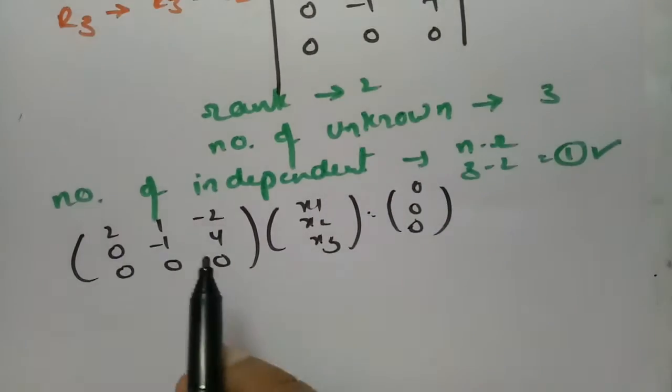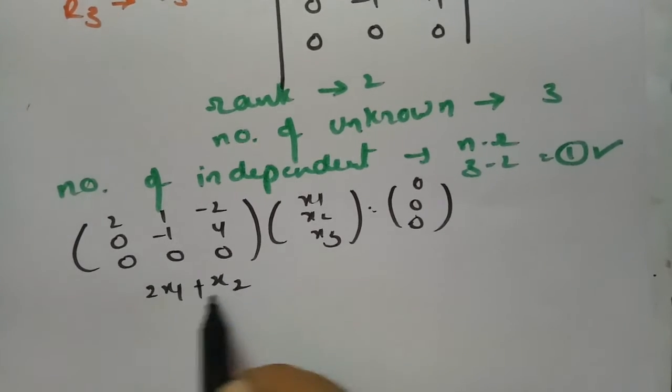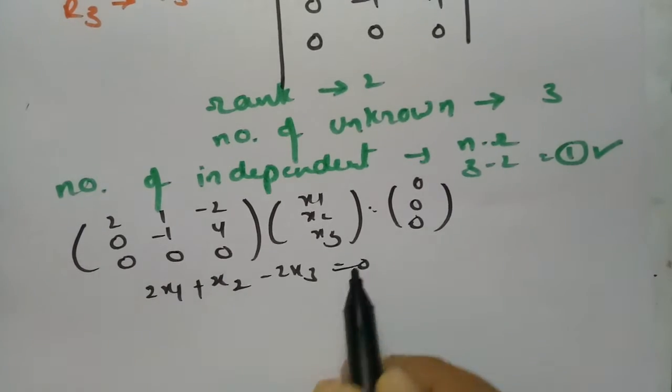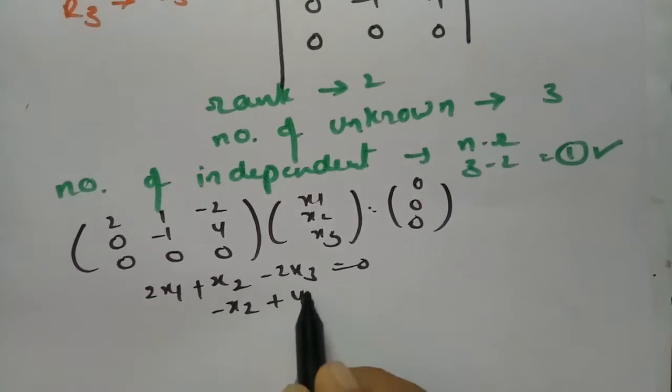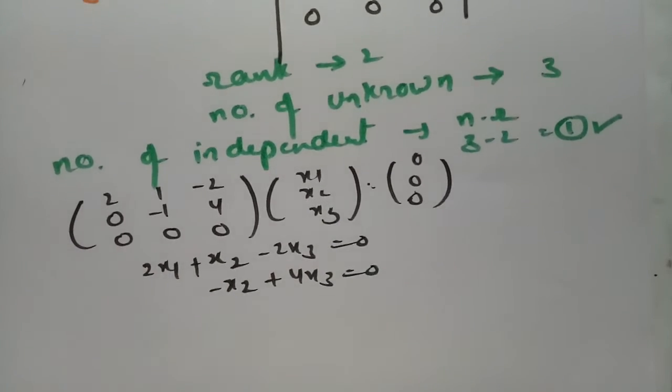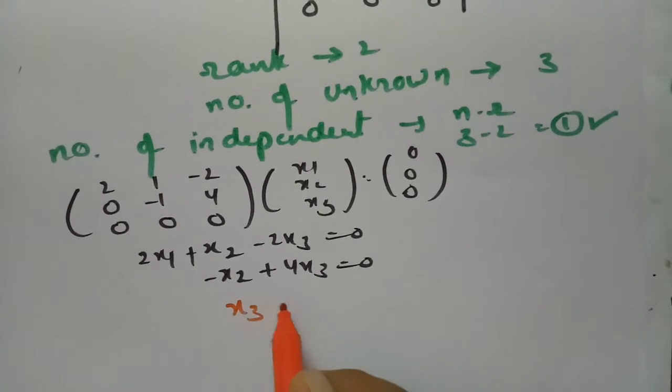So here if I multiply, this will be 2x1 plus x2 minus 2x3 is equal to 0. So this is minus x2 plus 4x3 is equal to 0. So one independent solution which I can take, I am taking x3 is equal to k.